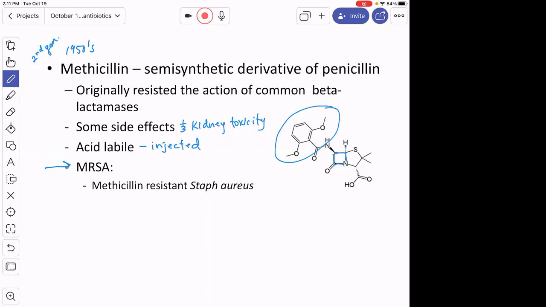Okay, so what? Because we don't use methicillin anymore. But it's not only resistant to methicillin, it's going to be resistant to all the beta-lactam antibiotics. And there are still a lot of beta-lactams in common use. I tried to figure out exactly whether it's resistant to more than just the beta-lactams.